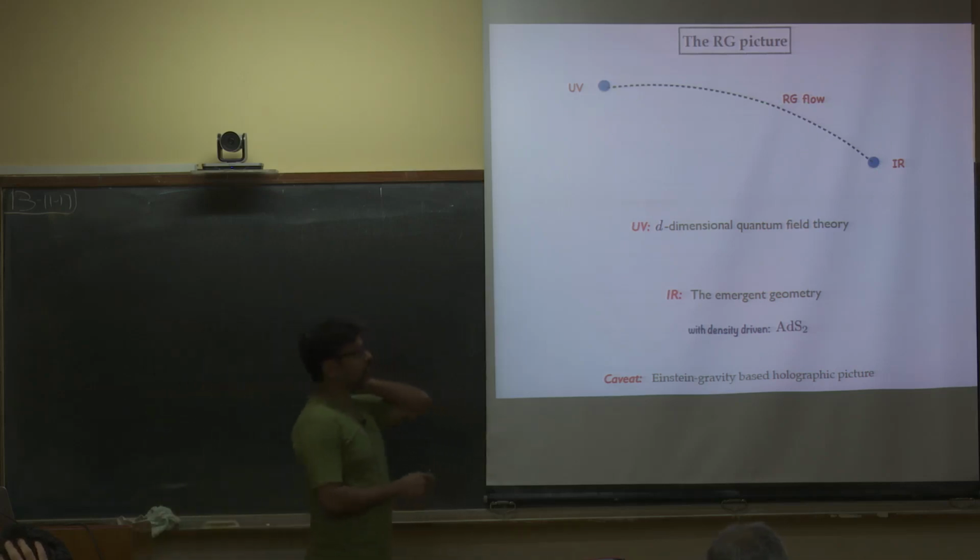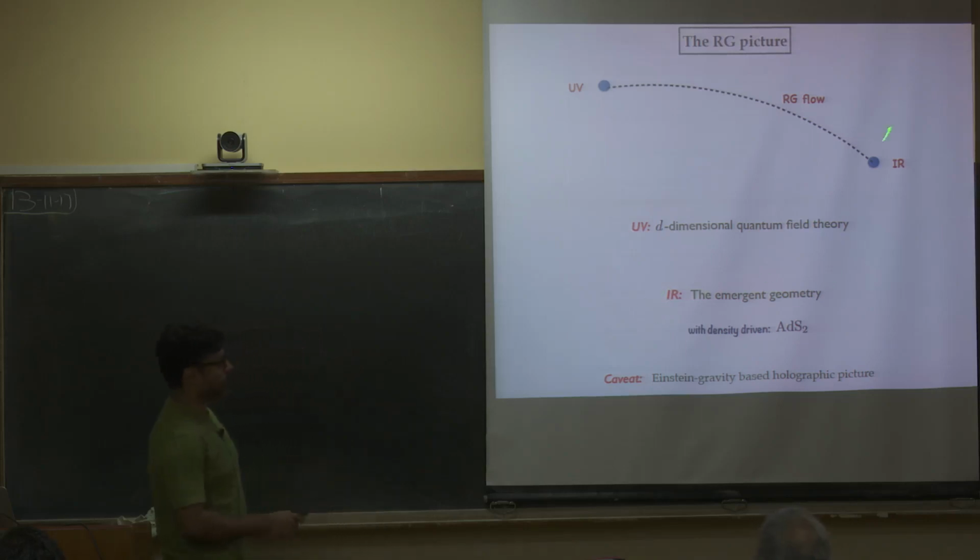We usually ask questions about Feynman diagrams instead. So essentially, in the UV I start with a d-dimensional quantum field theory, and in the IR I get an emergent geometry. That's the essence of this.